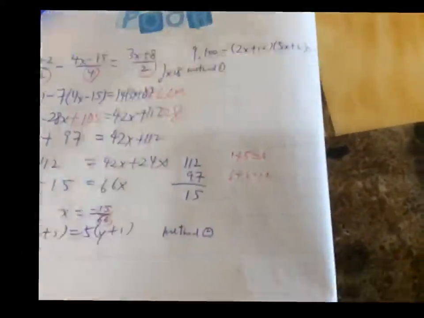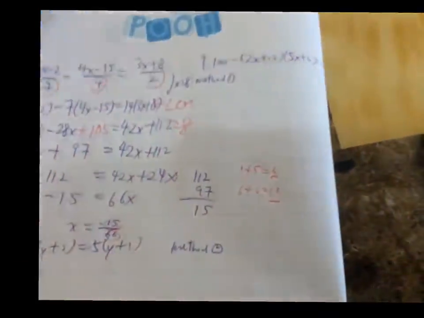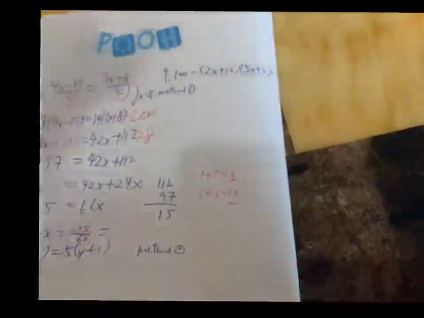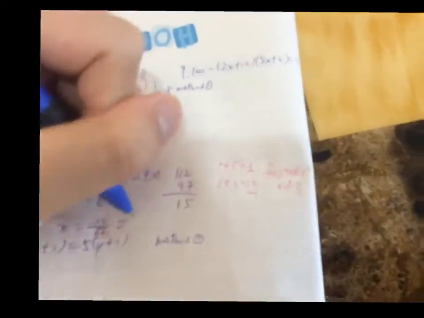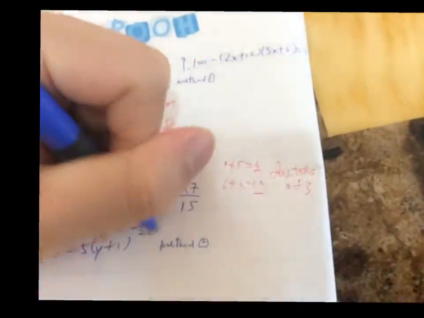So these two are multiples of 3. If you add the digits together and get a multiple of 3, then this number is a multiple of 3. So they are multiples of 3, so you can simplify it, negative 5 over 22.